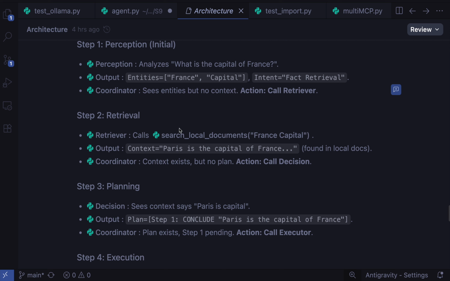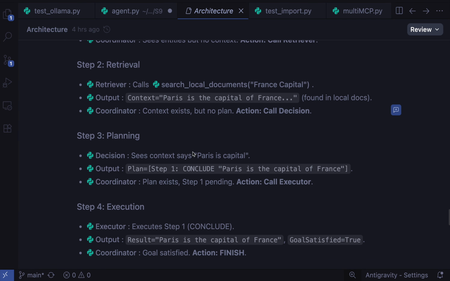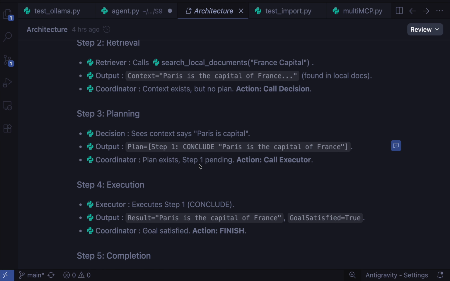Then the retriever goes to the local search documents and finds that Paris is the capital of France. It writes the context that Paris is the capital of France, found in the local docs. The planning agent takes it and concludes, because it has already found the answer. It doesn't need to plan a coding plan for the executor, and it just gives you the answer.